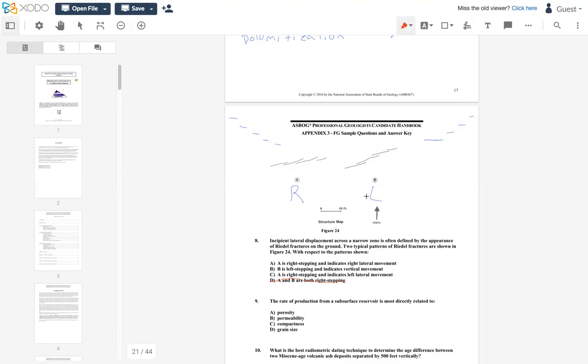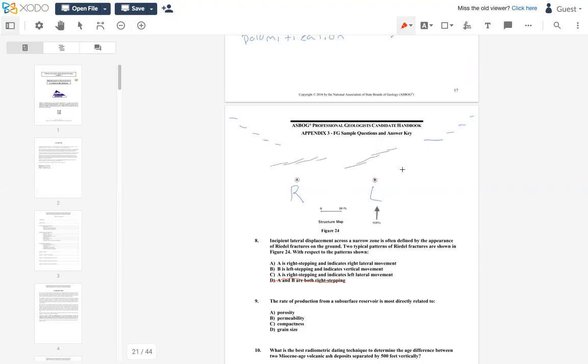So a right stepping Riedel fracture is going to indicate a left lateral movement, whereas a left stepping Riedel fracture is going to be indicating a right lateral.